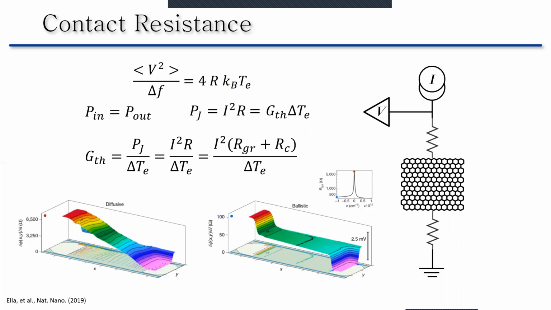Good. Okay, so let me, as an aside, mention one solution to this problem. The heart of the issue here is that we're trying to do thermometry on the same system that we want to measure and learn about, right? So one solution is to separate that, have your thermometry be separate from the system that you're measuring. That's usually the case if you look at people who do bulk measurement of thermal conductance.